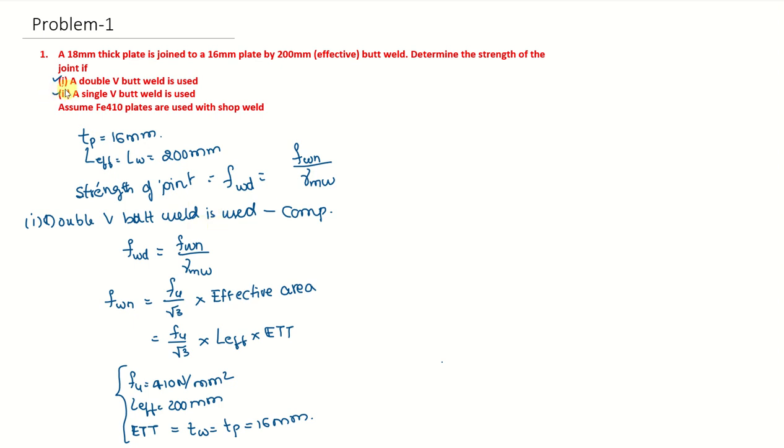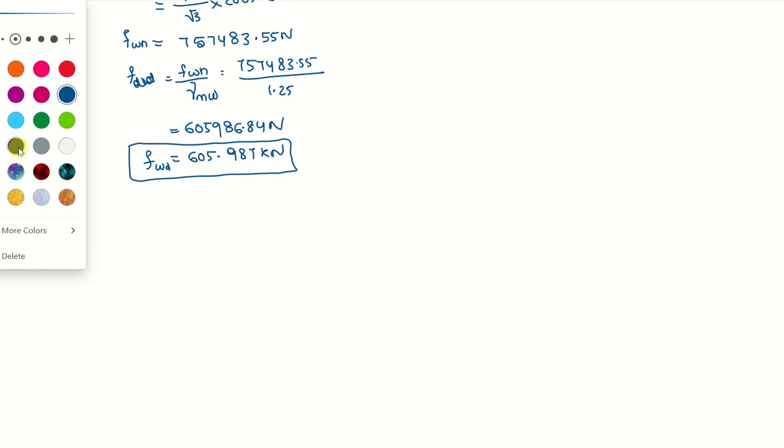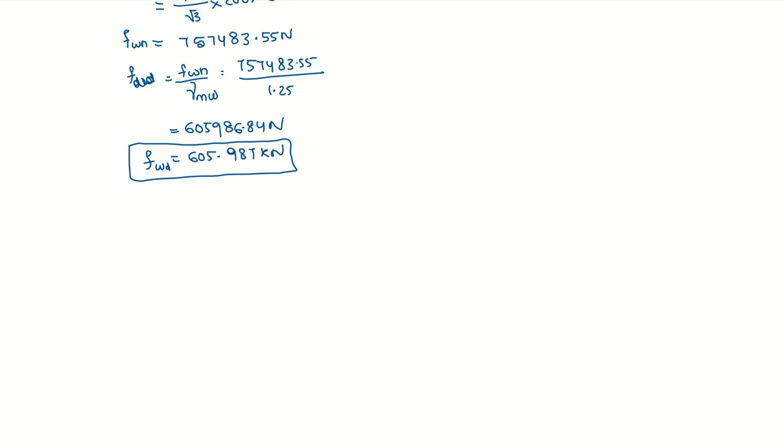We have to find out the second case, where a single V butt weld is used. For this also the design strength FWD is FWN by gamma MW.